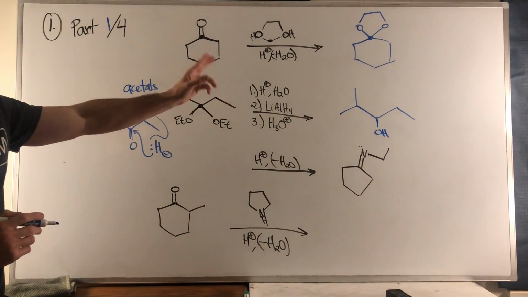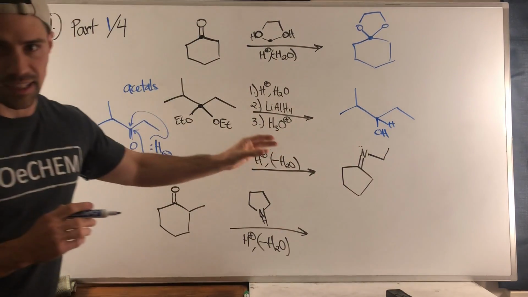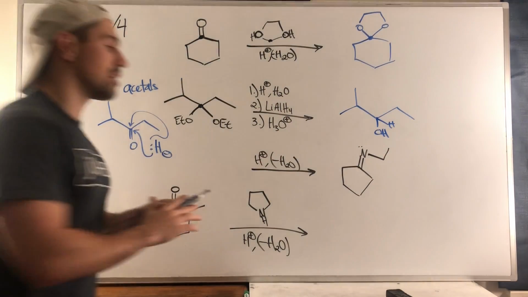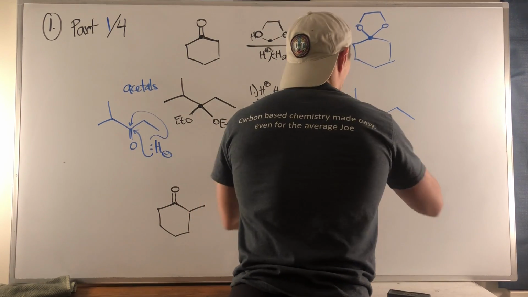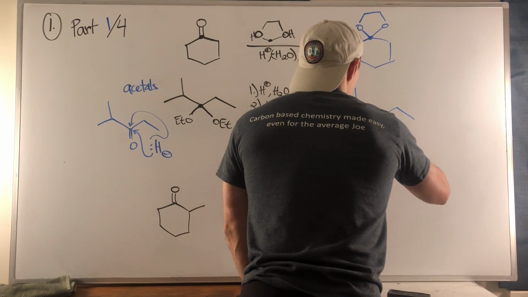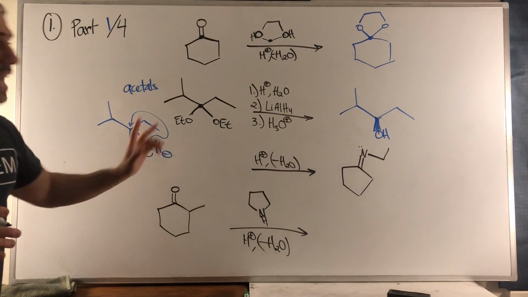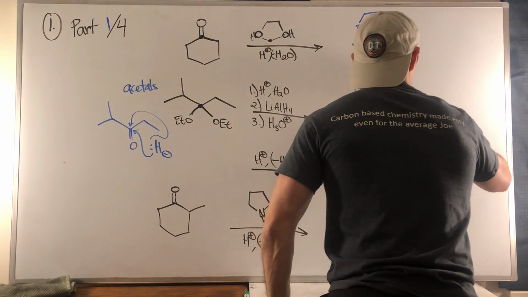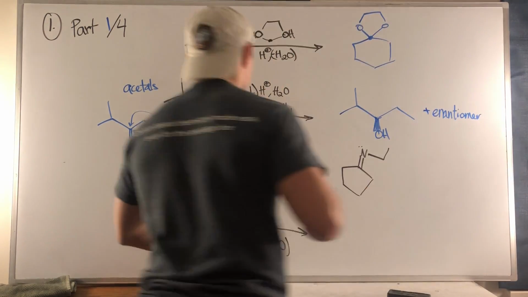Then you can look at this and say, I am attached to 4 different things, so this is a stereocenter. Attack happens equally on top and on bottom, so I make an alcohol that is both wedge and dash in equal amounts. Because this is the only stereocenter in our molecule that was created by the attack, we can then write plus an enantiomer. So that's where that came from on the solution sheet.